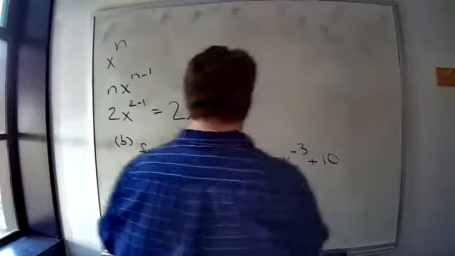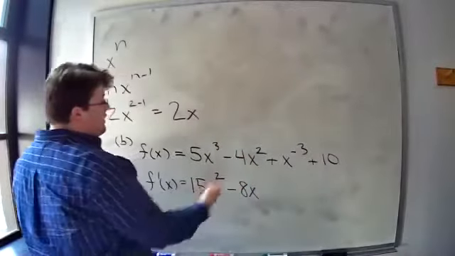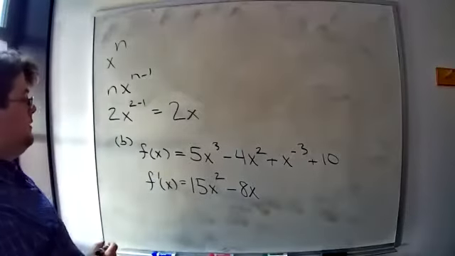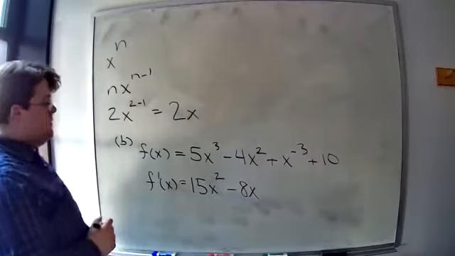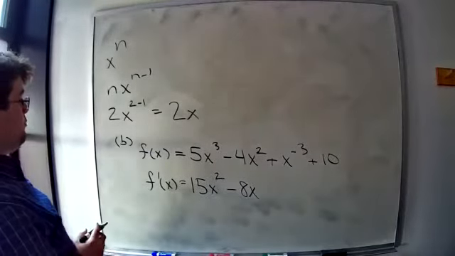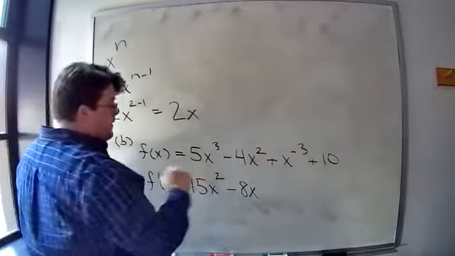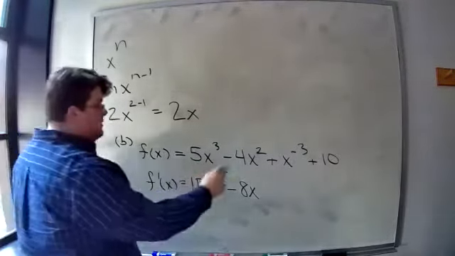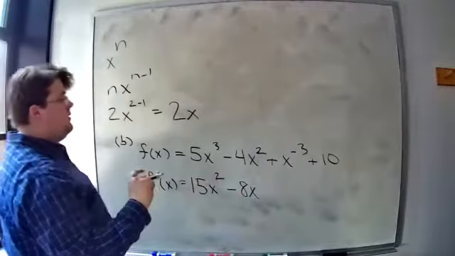So the x squared gave us a 2x, and then -4 times 2 gave us -8. Any other questions about these first two pieces?